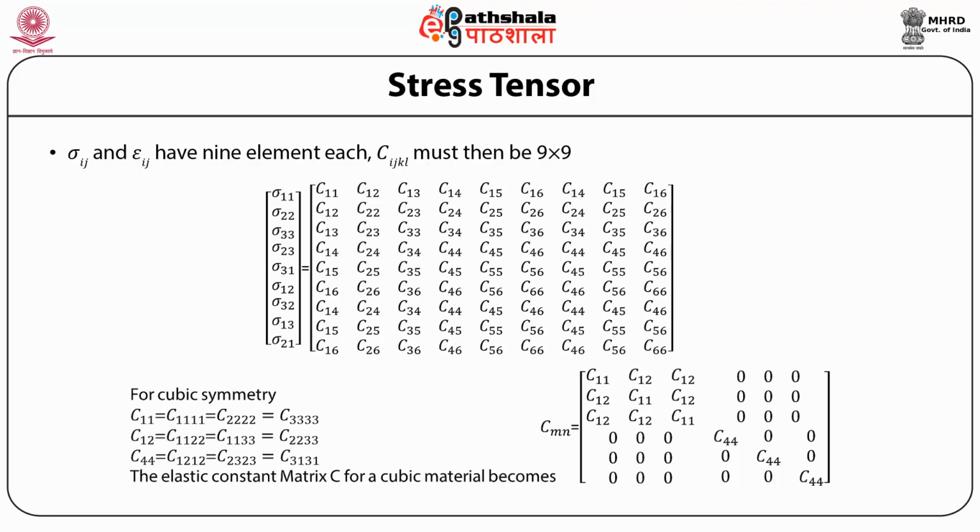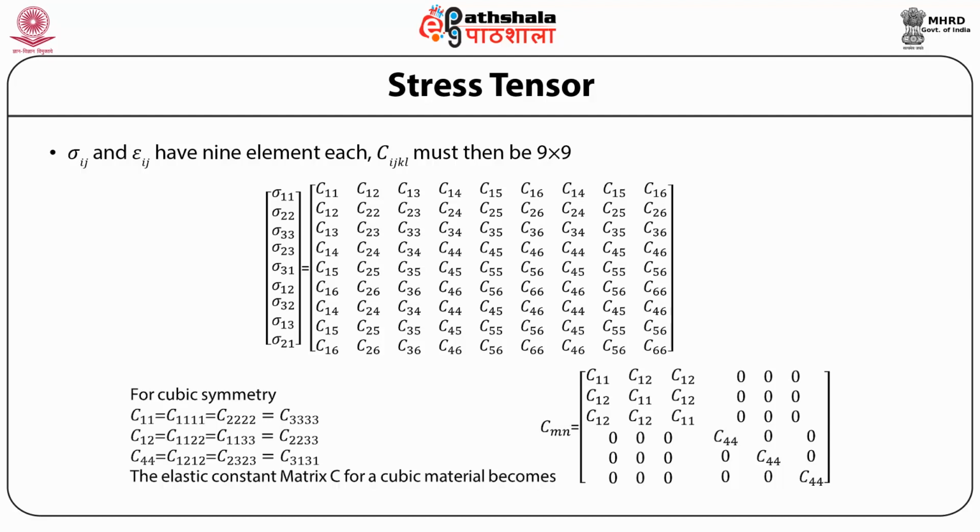So for a material with cubic symmetry, the system is invariant under a rotation by 90 degrees about the cubic axis. As a result, only three independent components remain of the original 81 elements of C for the cubic case.